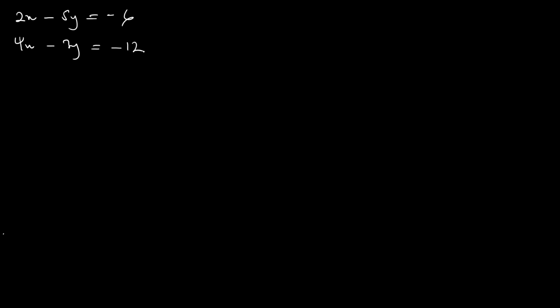Okay, so these are two separate equations which has two variables. So we can label this as equation 1 and this as equation 2. So we solve this by elimination method.